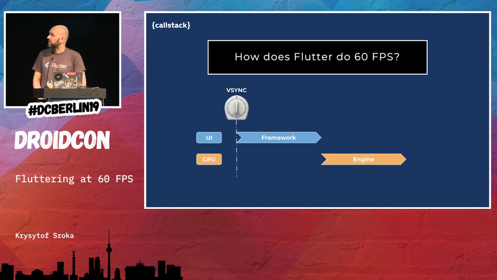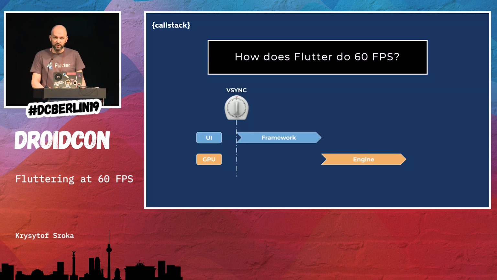So how does Flutter achieve 60 FPS? I'll use 60 FPS for the remainder of the talk. It has several threads of execution, of course, and two important threads of execution in Flutter are the UI and GPU threads. The first one runs our Dart code. So everything that's written in Dart in Flutter, not everything, but everything related to UI, runs in that thread.